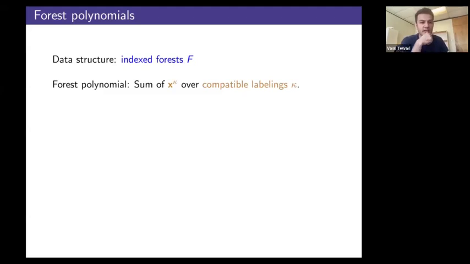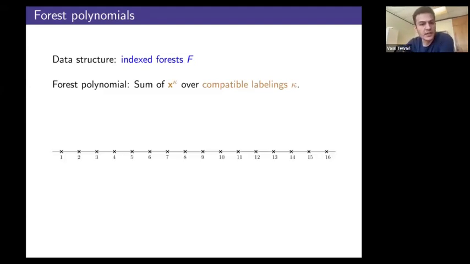As is the theme in combinatorics, once you have objects, you label them and you want to track these labeled analogs. The way to do it is to capture this very coarse information using a generating function, in this case a polynomial. So what's an indexed forest? You start with a copy of the natural numbers. These will be the leaves of the forests that I'm going to plonk on these guys.